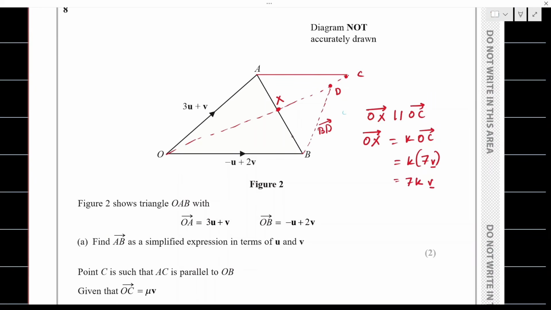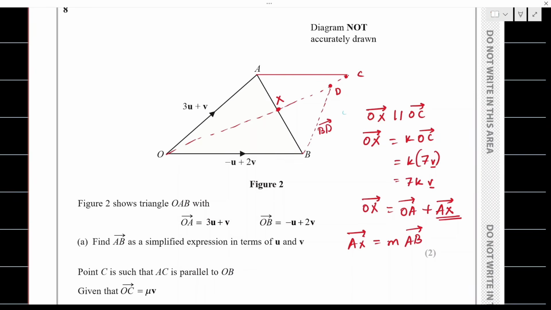We also see from this diagram that OX can be calculated using the expression OA plus AX. Notice that we do not have a value for AX, but again we can assume that AX is equal to a constant times the AB vector. The reason we can assume this is because X lies on our line AB and AX is parallel to our vector AB.